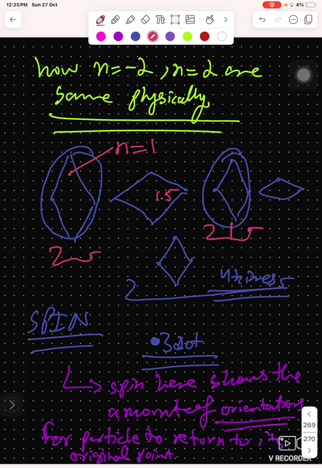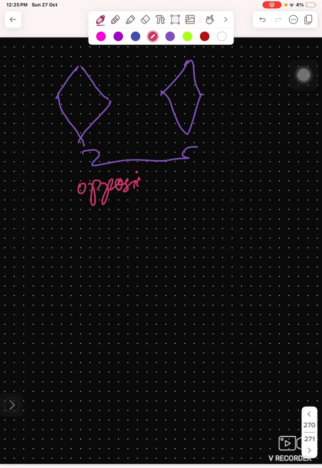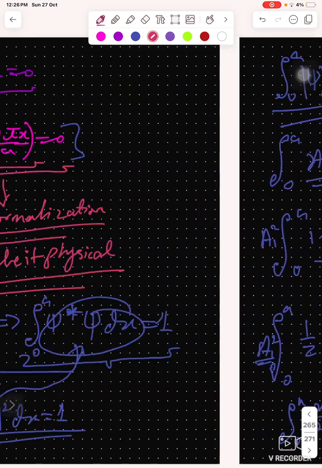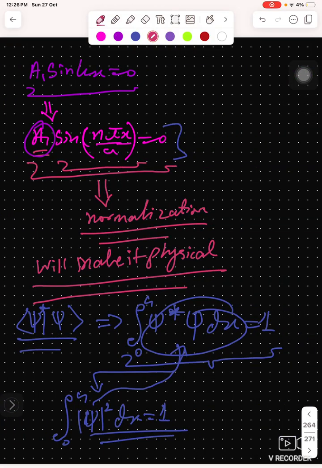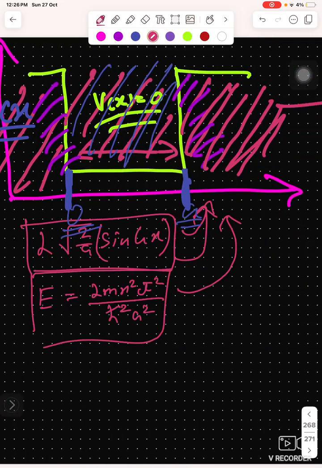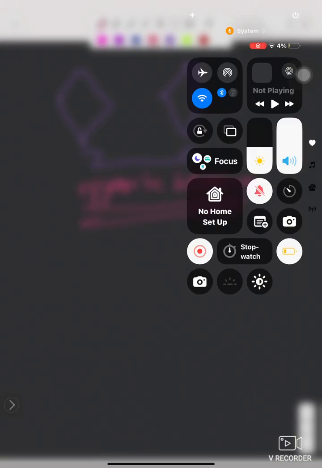I just want to show that they are opposite to each other, but the same. That's what I meant by saying these two have no difference. They are physically the same entity. For sure they're not the same, but physically they are the same. For simplicity. Thank you.